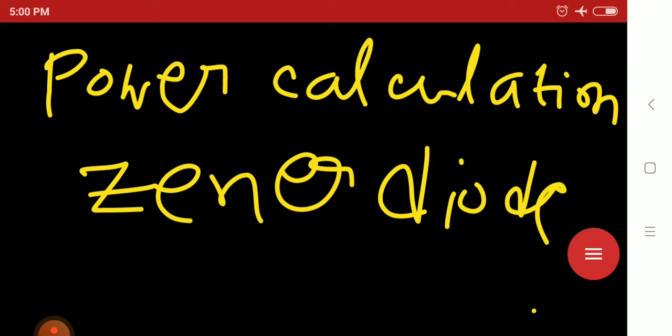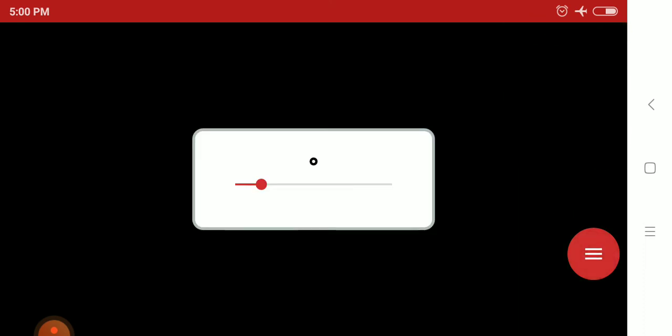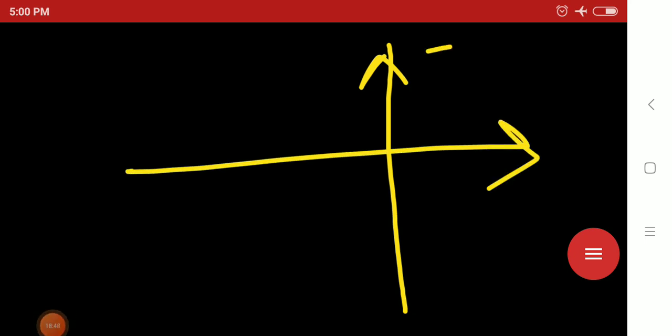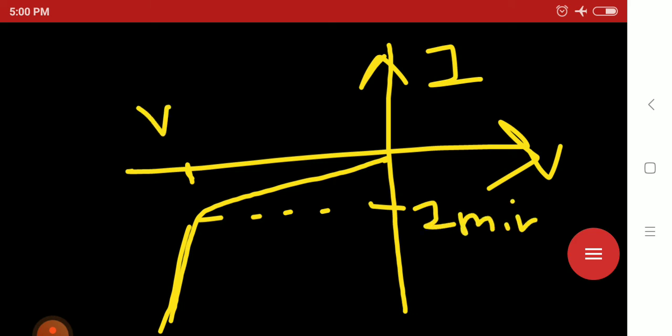Firstly, for discussing that power calculation, I have to draw the I versus V graph again. Up to this Zener voltage, here is I minimum, and here Vz or VBR.